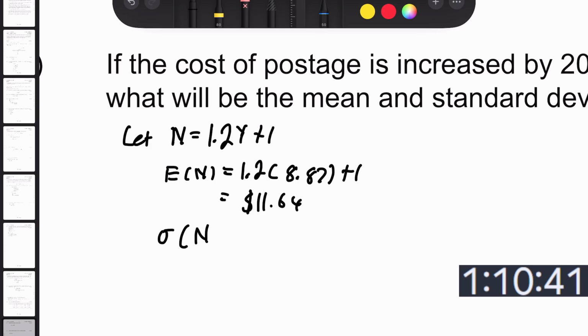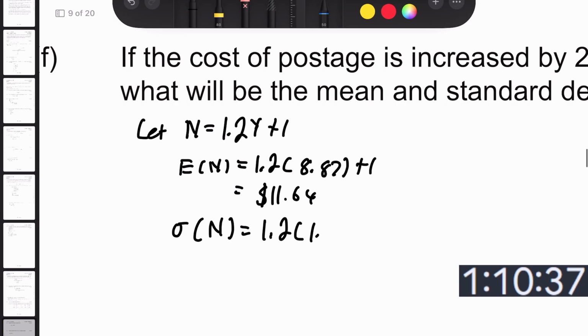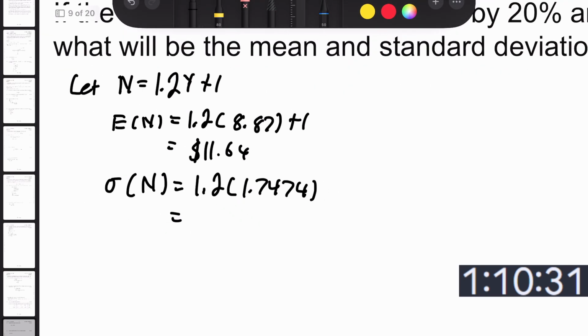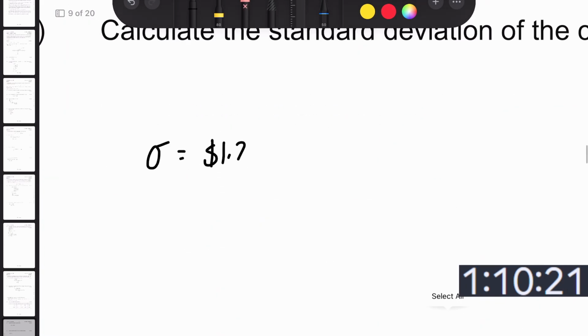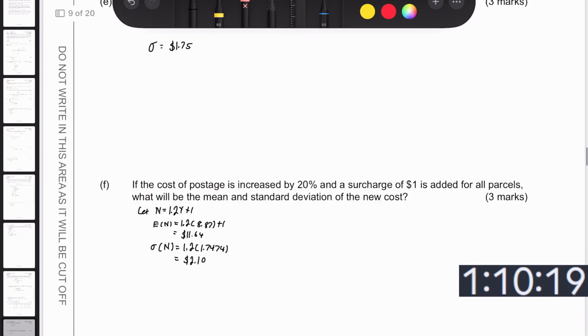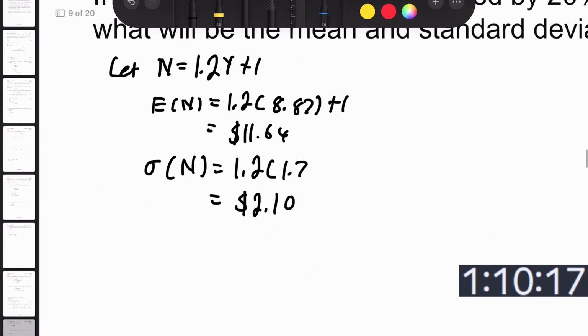And the standard deviation of N is going to be equal to 1.2 of 1.7474, which is 2.10. Actually, for this I should just be rounding like that. So 1.75, since I did it in dollars, times 1.2 is 2.10.